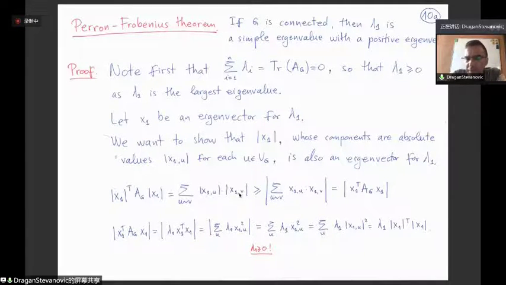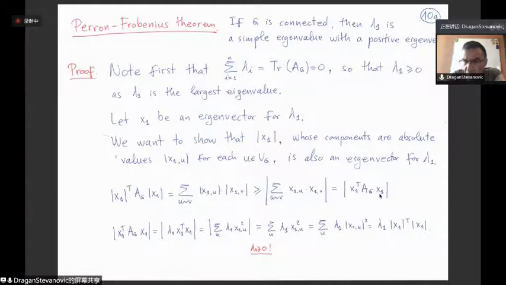Now, that's the sum of absolute values, and of course it is greater than or equal to the absolute value of the sum. But if we just take the sum without absolute values, then we actually have the product x1 transpose A and x1 for x1 itself.